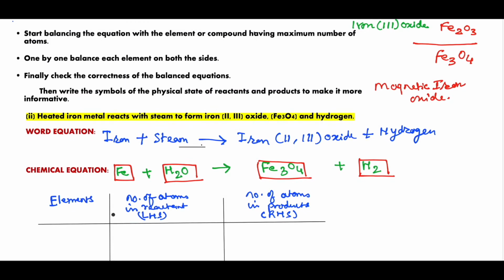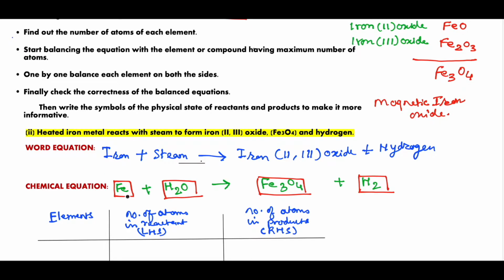So we will be writing it in this table. Here the elements are iron, hydrogen and oxygen. Similarly here also it is iron, oxygen and hydrogen.